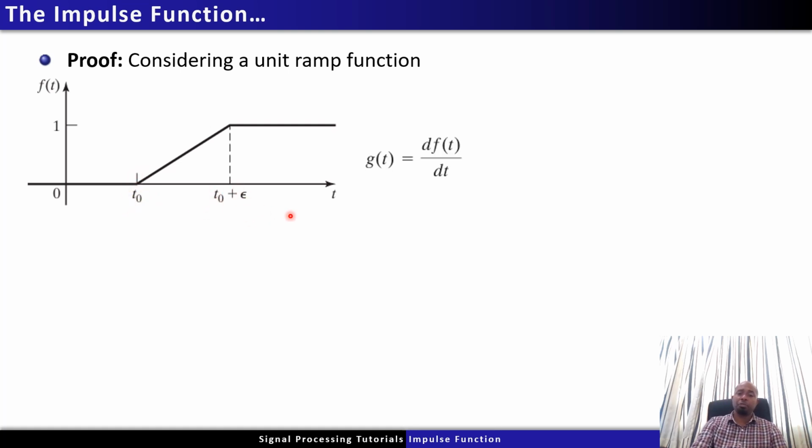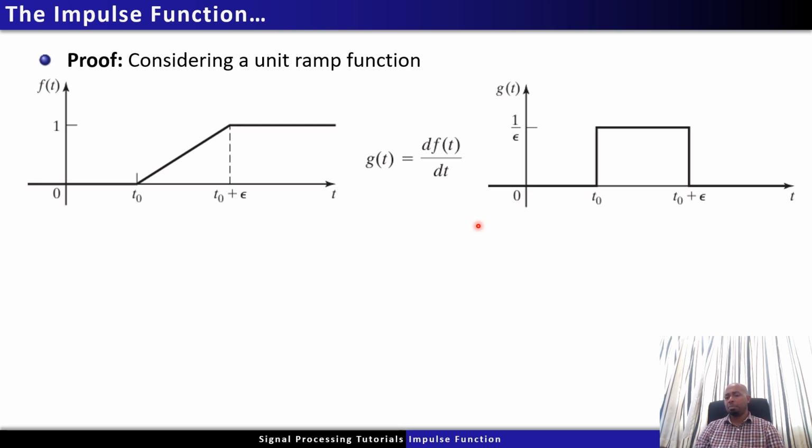If we differentiate this function f of t, getting g of t, then g of t will be an impulse, just a pulse, with width epsilon, from t naught to t naught plus epsilon, and its magnitude is 1 over epsilon. Why? Because the magnitude is equivalent to the gradient of this line.